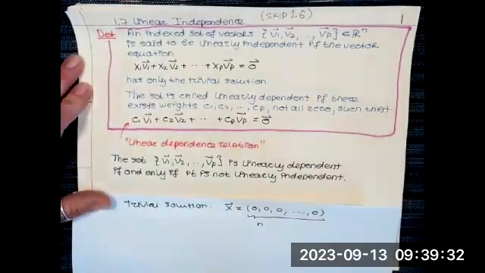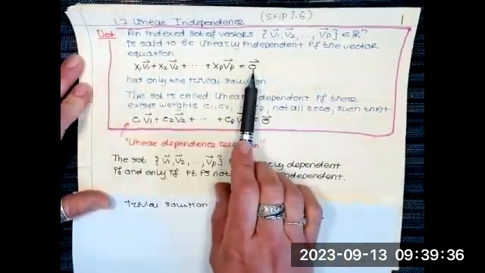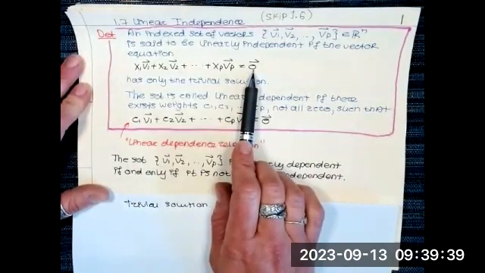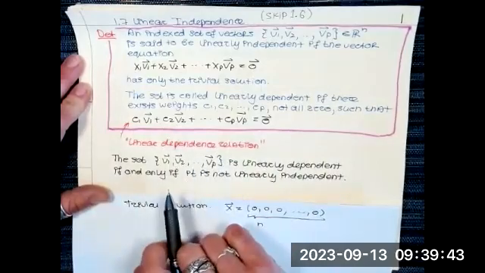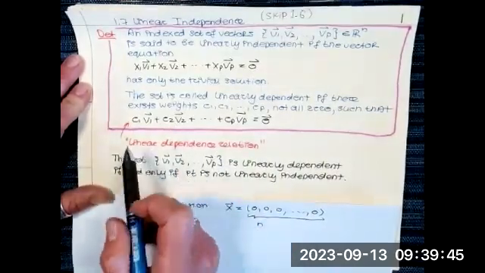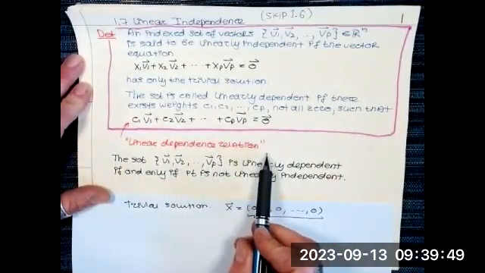In general, the way to do this is to solve this linear equation and look at whether I only have the trivial solution or whether I have some non-trivial solutions. If I do have non-trivial solutions, we call this relationship a linear dependence relation.